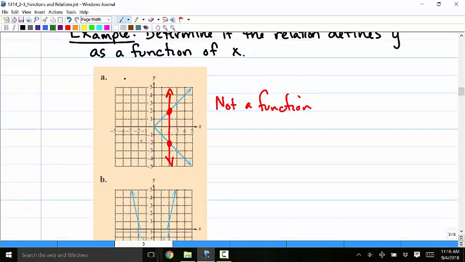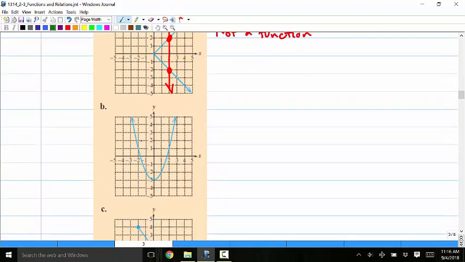Okay, B. Would that be a function? Yes. If I drew that vertical line, I'd pass once. If I drew this one, I'd pass once. If I drew this one, I'd pass once. No matter what vertical line I drew, I would only pass through the graph one time. So this is a function.